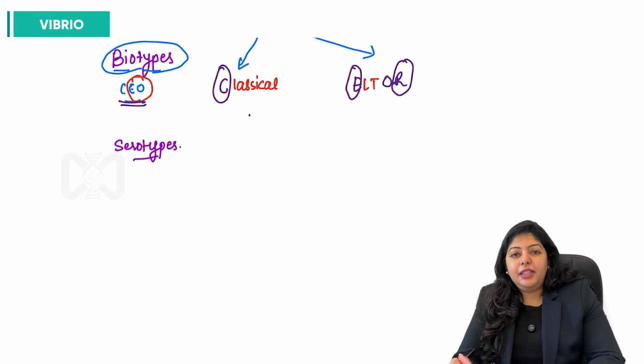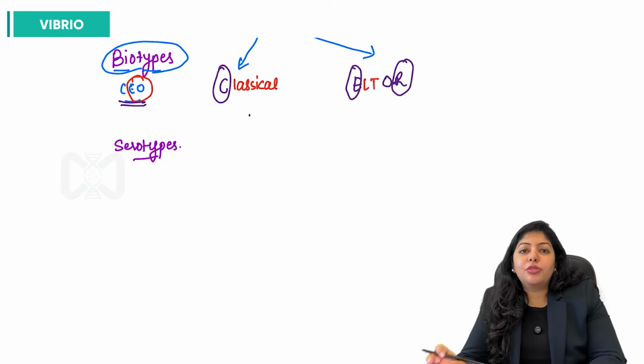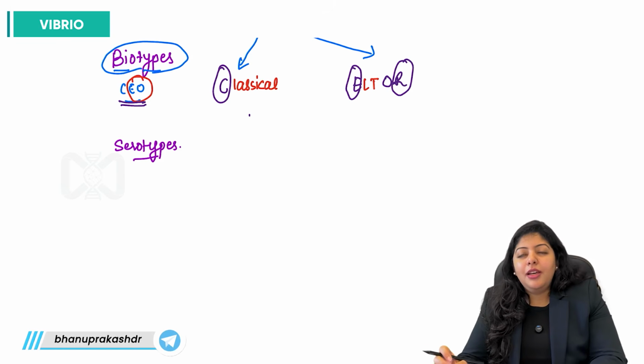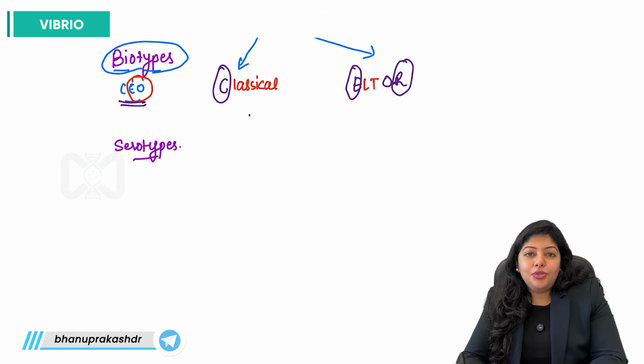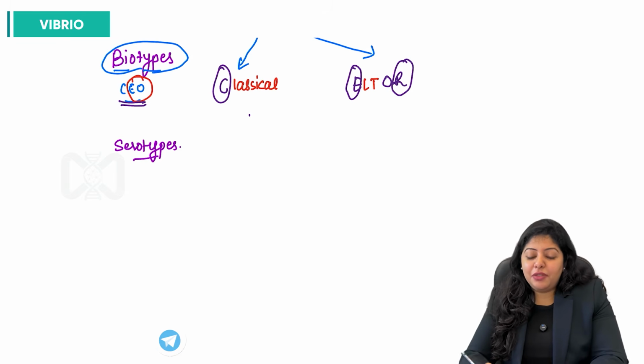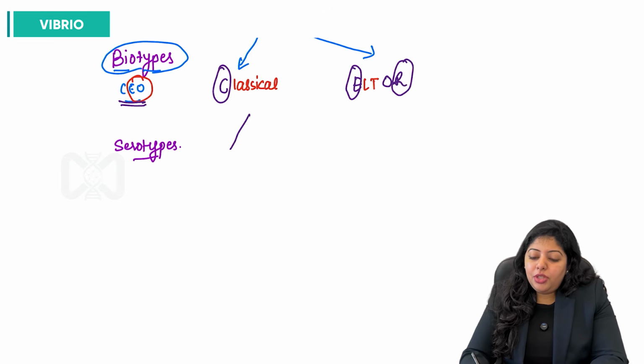And we said that Samsung is a Korean company. Korean and Japanese names might sound similar, so we will use Japanese and Korean names, and it will be very easy for us to remember. So the serotypes are going to be three for both of them.